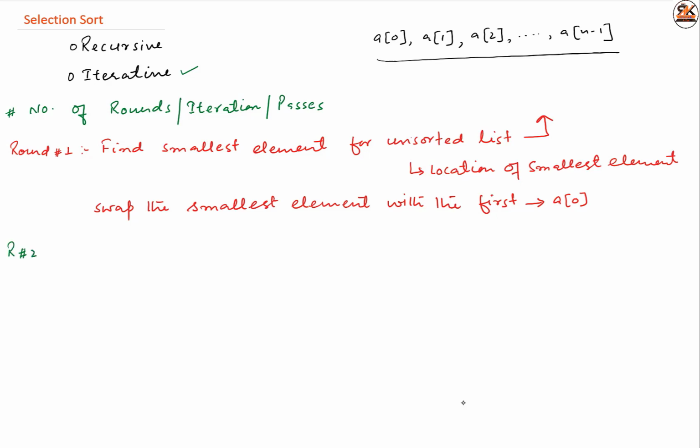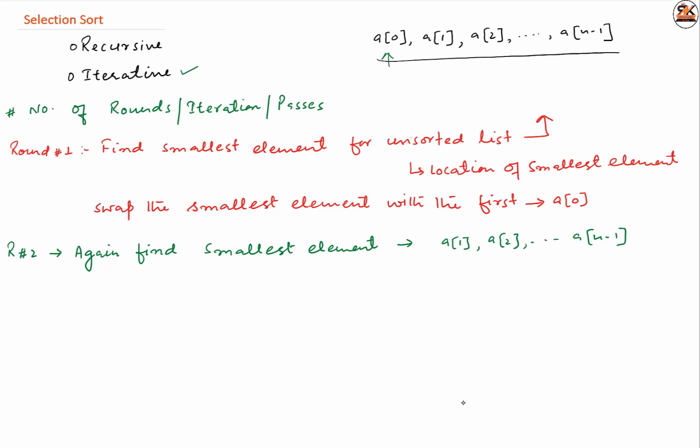For round number 2, we again find the smallest element, but this time out of the list that ranges from a1, a2 to a n minus 1, because we have already swapped the smallest element with the first element, that is a0.